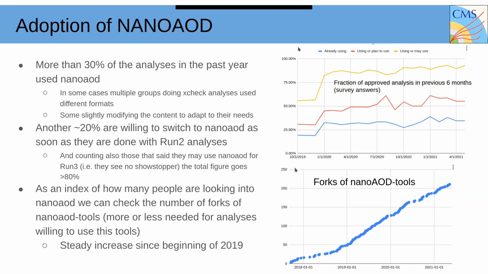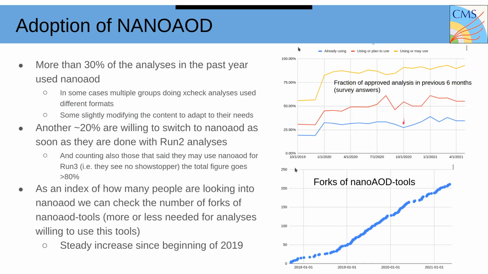In many cases, analyses have multiple groups cross-checking each other, so they may have used different formats, or some analyses are the merging of multiple decay channels or production channels of the same process performed by different groups, and again, different groups may be using different toolkits.